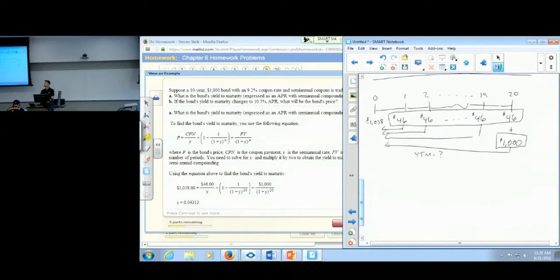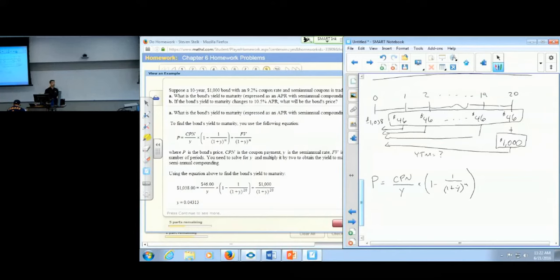Well, if we combine those two things together, we get the formula for the price of a bond. It's just the coupon payment, which before was the cash flow in an annuity, divided by Y for yield to maturity. We're just using a Y instead of an R. And then that's times 1 minus 1 over 1 plus your discount rate raised to the n.